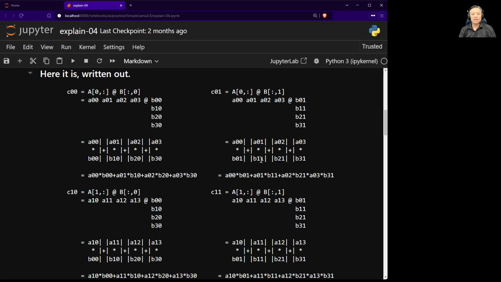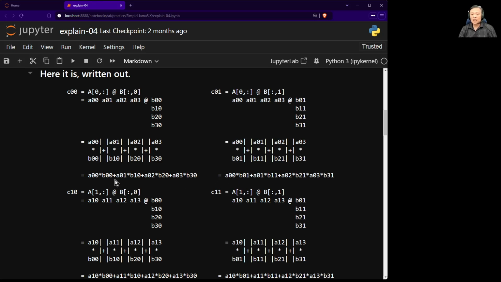Okay. What does that mean? It means that the 1 in 1 times b00 plus 1 times b01 is actually the partial gradient of c, where b00 and b01 contribute to the value of c. Which means that dc dA sub 00 is going to be dc00 times b00 plus dc01 times b01.